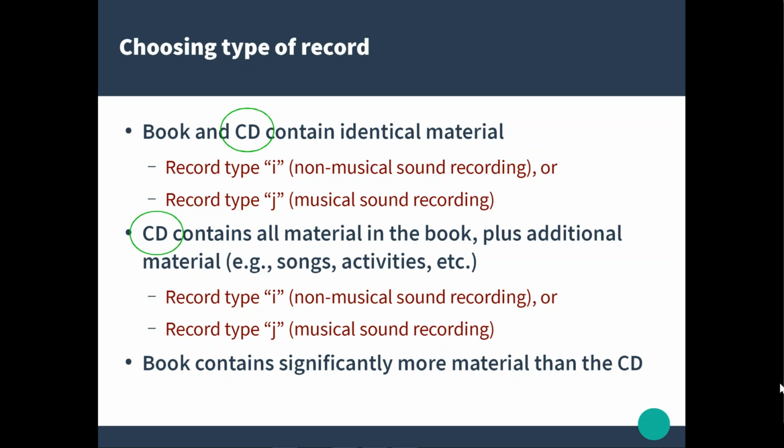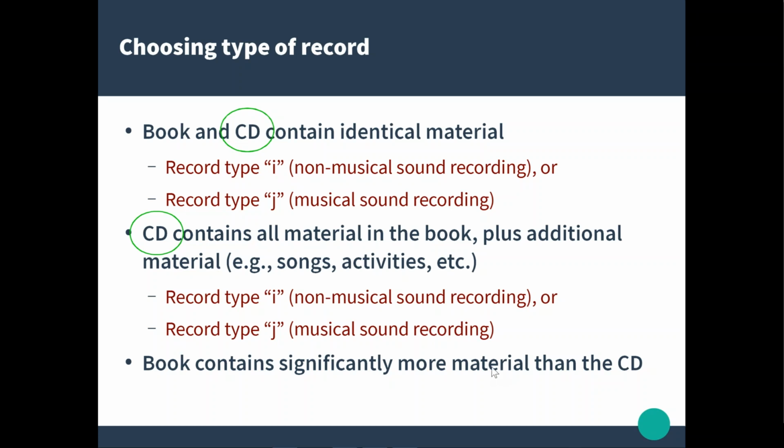Is the primary component really the non-musical part with the addition of a musical component, or is it really a musical sound recording kind of treated as text? But again, we'll come back to that with an example, okay?